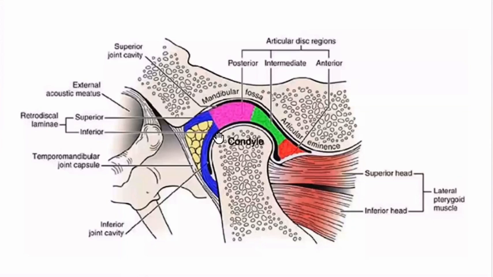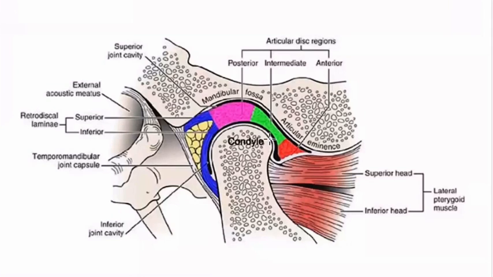These discs have lubrication and a cushion effect to prevent the erosion of the articular surfaces, because we have high abrasion forces while the joints move.